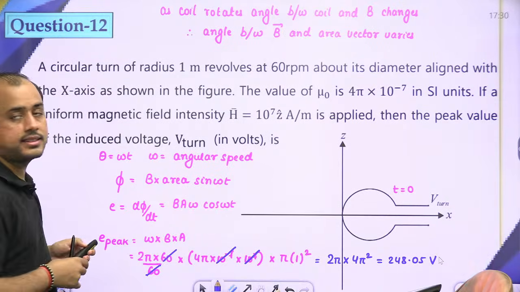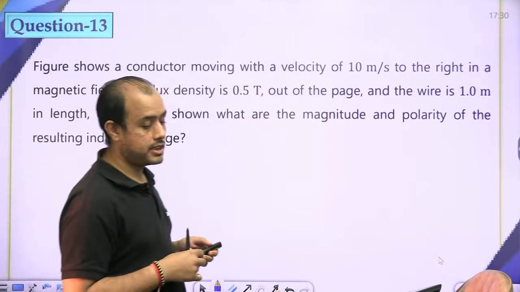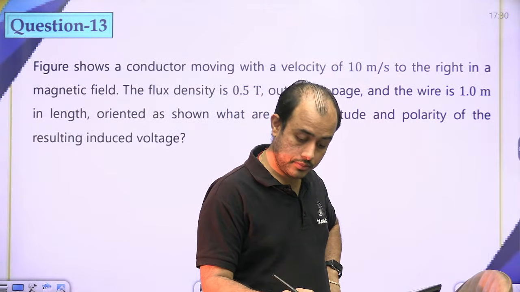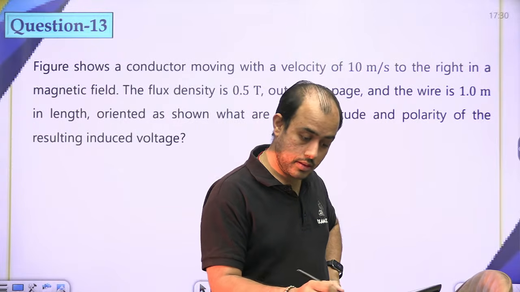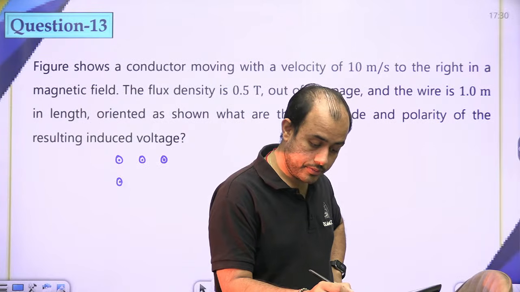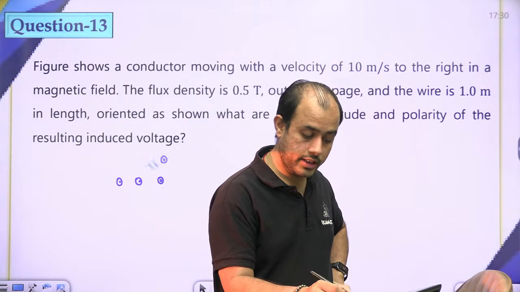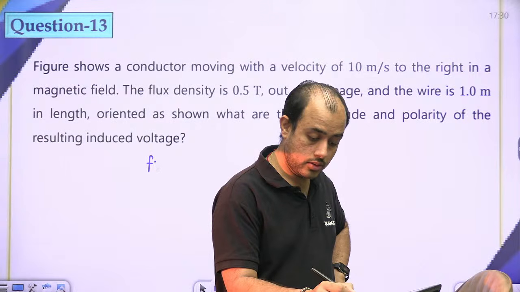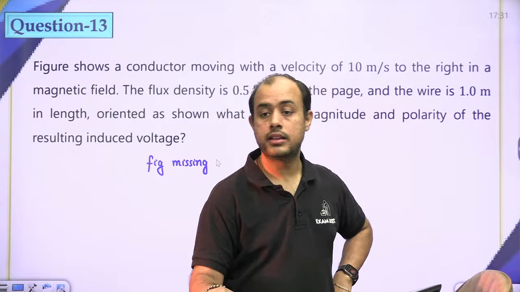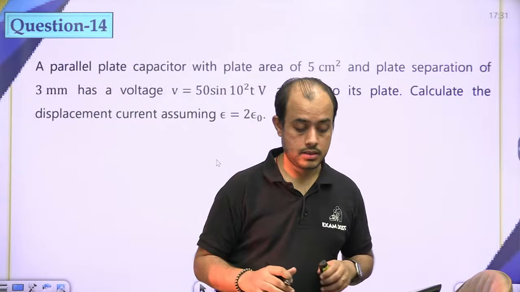As the coil rotates, the angle changes, so flux will change. Here, beta, the figure is missing. Flux density is out of the page, but the orientation is not given here. Let's move on to the next one.